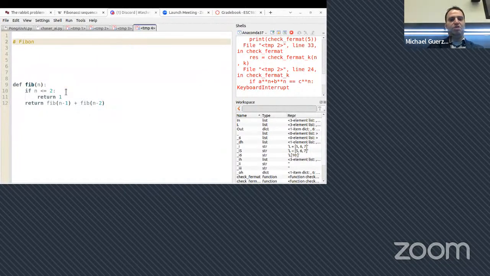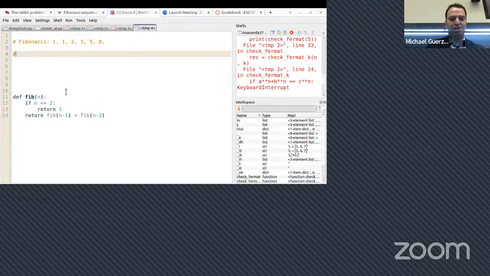To remind people, how many people have seen the Fibonacci sequence before I told you about it? Most people. So I'll tell you about the rabbits now, I guess. It's like this, and the idea is that this is the sum of the two preceding ones. The scenario is that you start with one pair of rabbits.